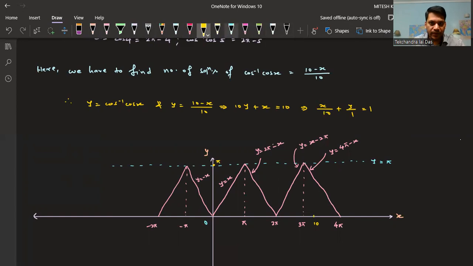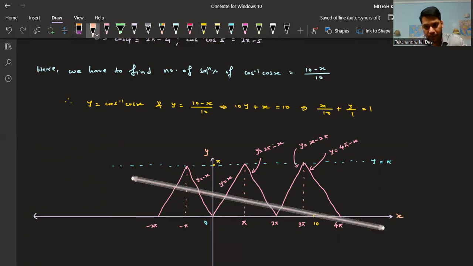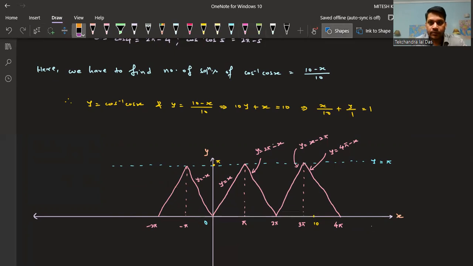To draw the graph, we'll take another pen, some other color. So let me take a line. Okay, the line will be like this.